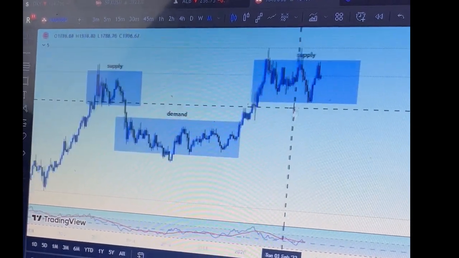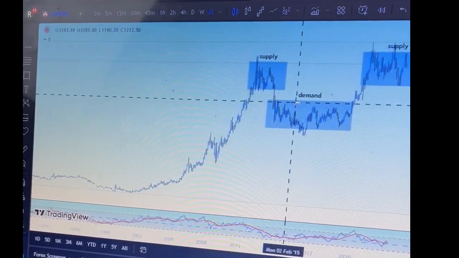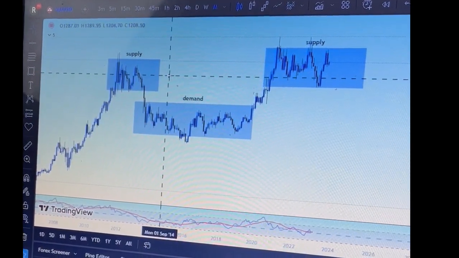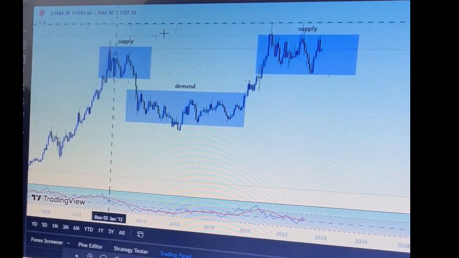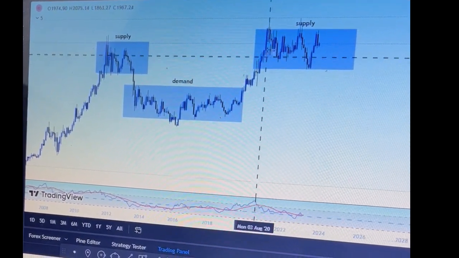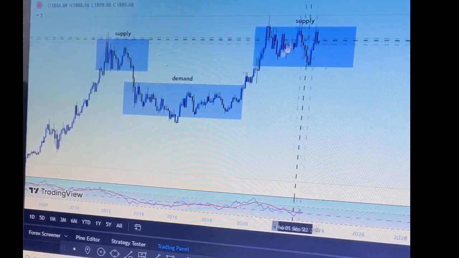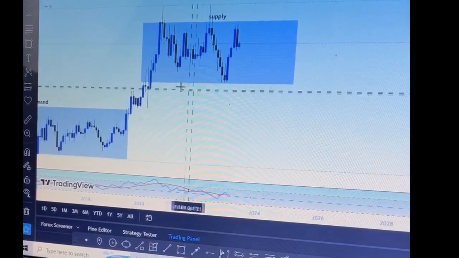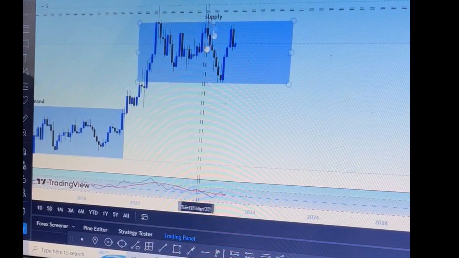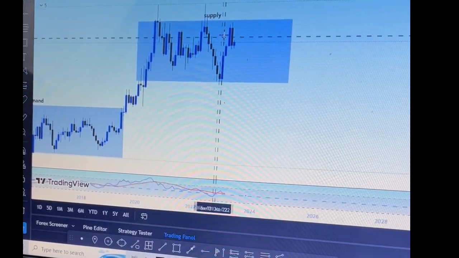So with gold, we see on the monthly it came up, broke through the supply, and made a high from the last supply. In that supply, it came up, came down, and stayed in the supply zone. So if I were to naturally look at this, I would say gold is at a high point of its supply area.